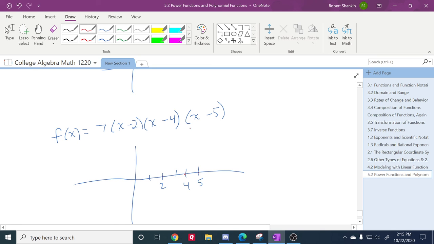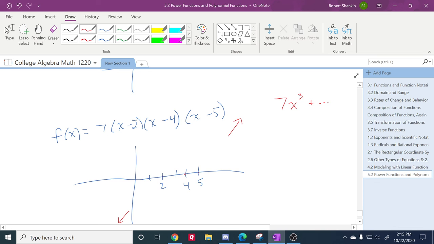Now, the end behavior of this, if you FOILed this out, you'd see that the leading term would be 7x cubed. So on the far right, since it's odd, it's going up, and the far left is going down.